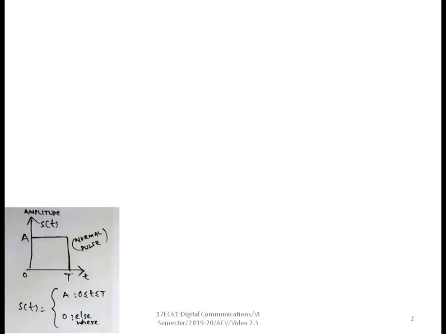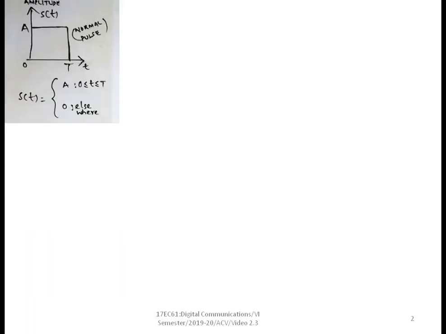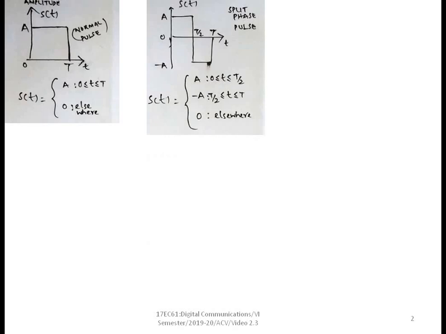There I considered three signals. One was a normal rectangular pulse of duration T seconds and amplitude A, and another one was a split-phase pulse wherein the amplitude was positive A from 0 to T/2 seconds and negative A from T/2 to T seconds.